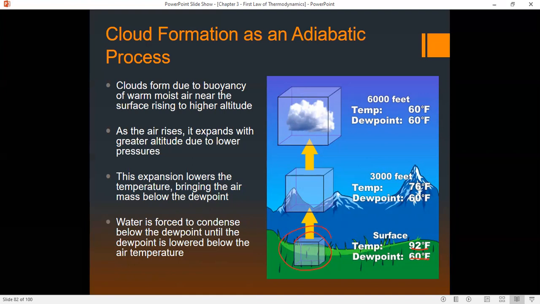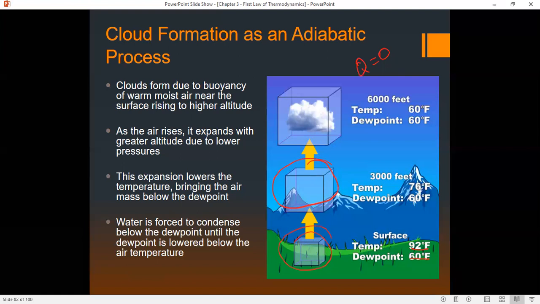Well, at 92 degrees Fahrenheit, it is going to experience buoyancy, and it's going to rise and begin to expand. Well, remember, Q is equal to 0. So what this means is thermal energy cannot come in or out of the system. So if it's expanding, the temperature is going down.